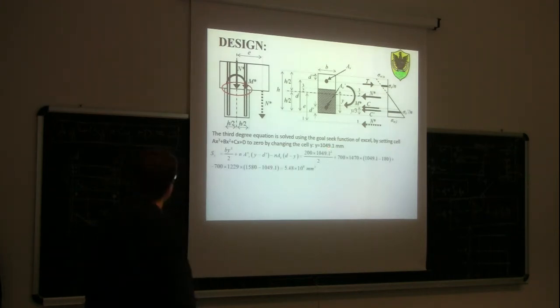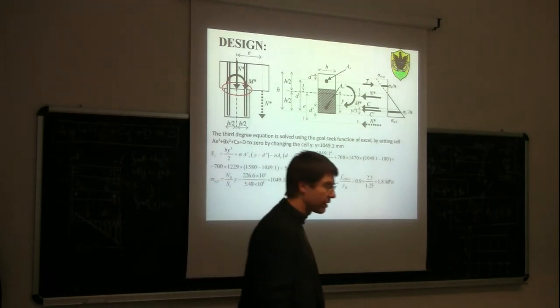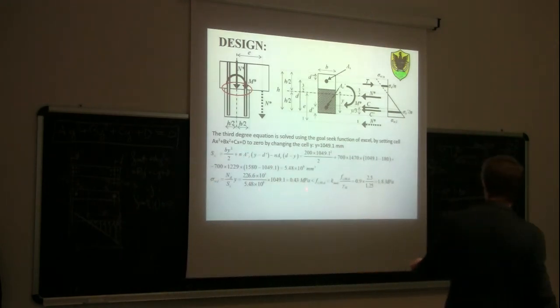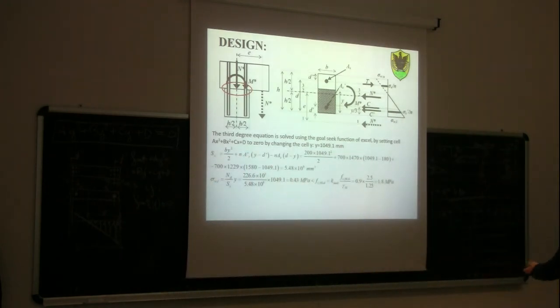We calculate the first moment of area of the transformed section with respect to the neutral axis. And then we can recalculate the stress in the timber. The stress in the timber before was satisfied. Also in this case again it was satisfied, as you can see. 0.43 is less than 1.8.